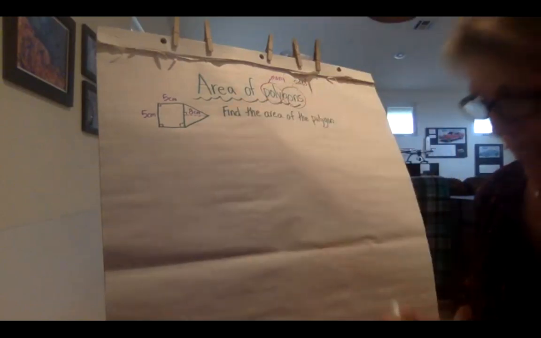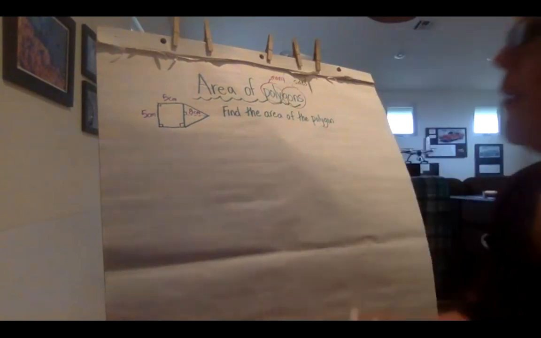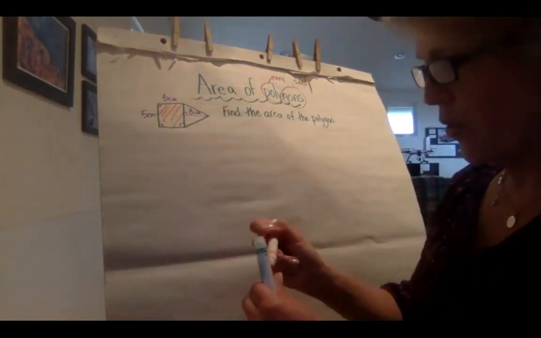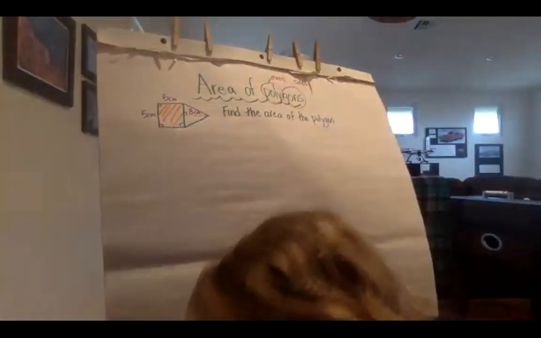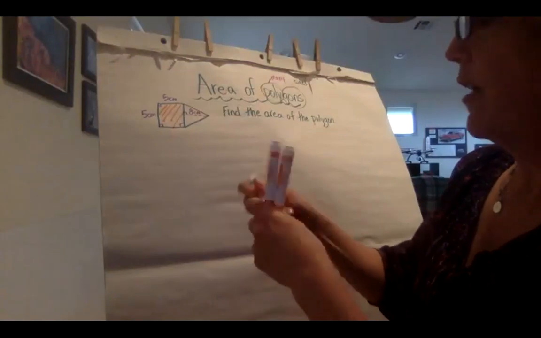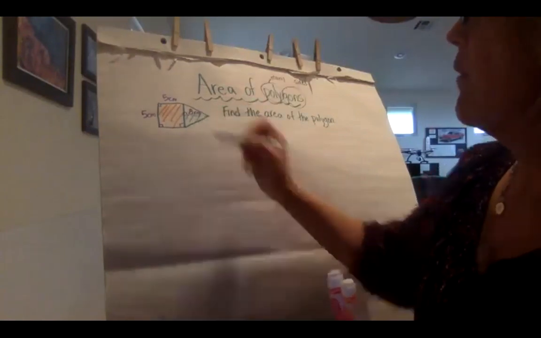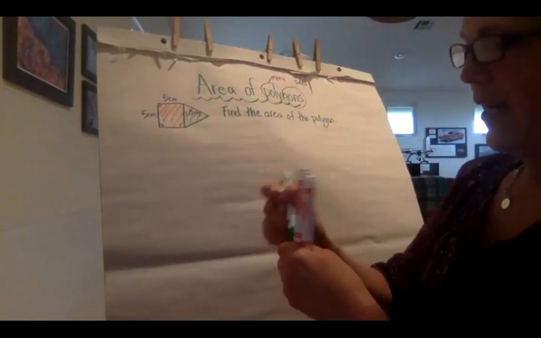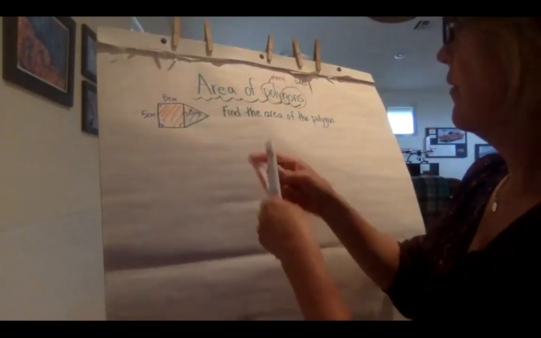When I look at it, I notice that I'm actually seeing two different shapes. I'm seeing a square and I see a triangle. So when I want to find the area of the polygon, I want to find the area of the square and add it to the area of the triangle.